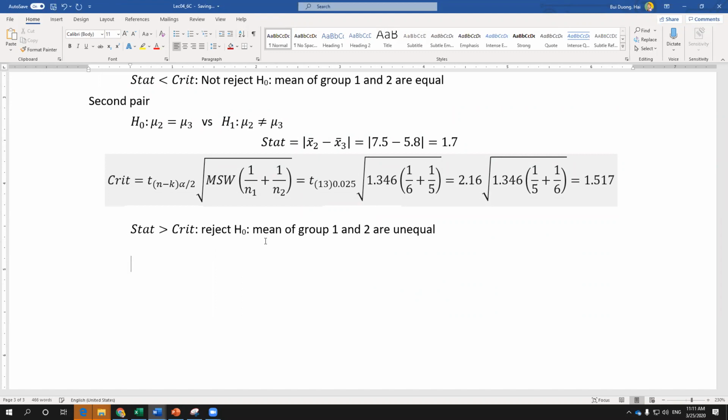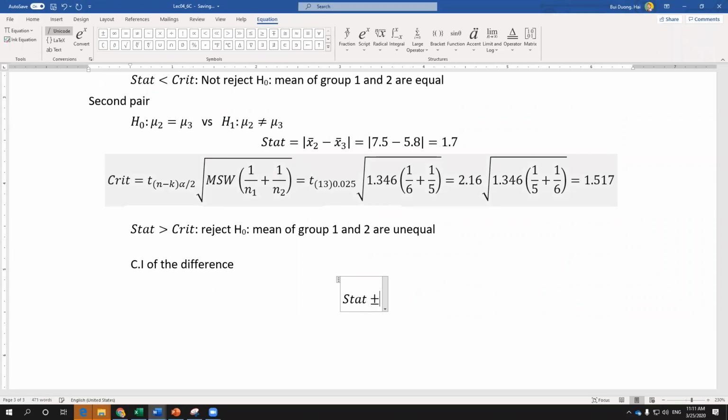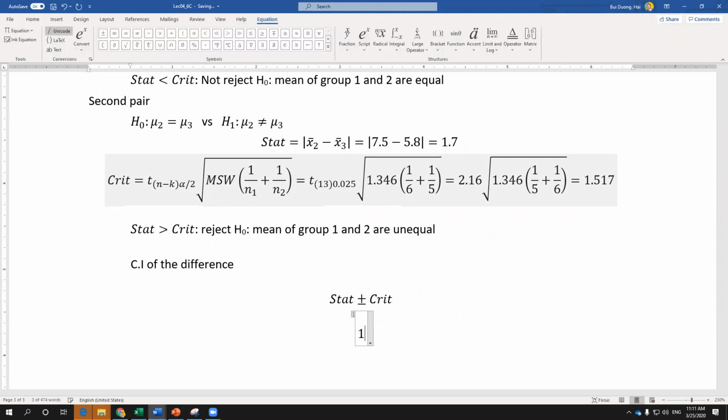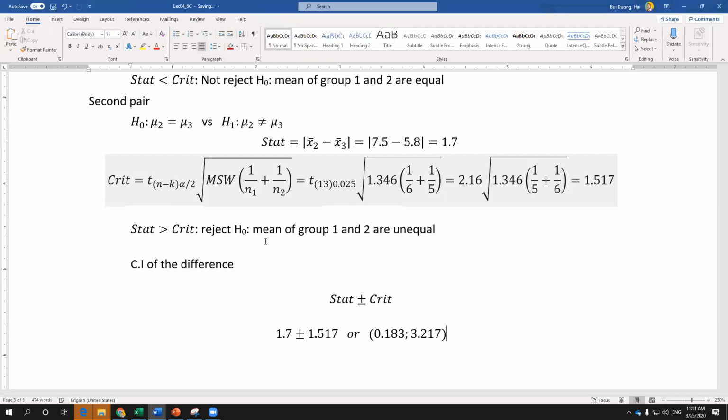Then if they are unequal, I find the confidence interval of the difference. It's statistic plus minus critical, or 1.7 plus minus 1.517. How much here? 0.183 to how much? 3.217. Okay.